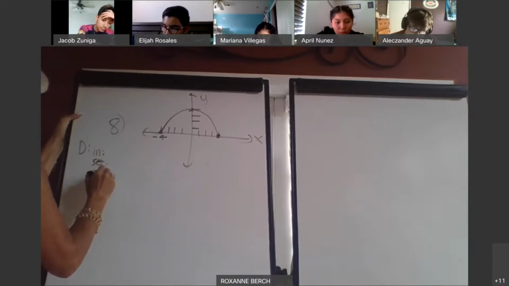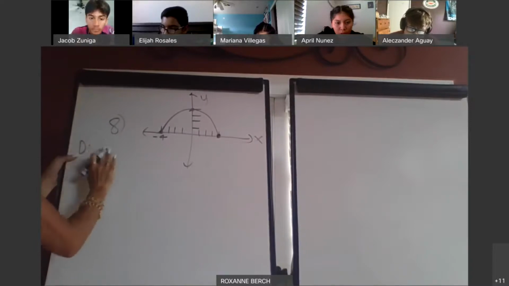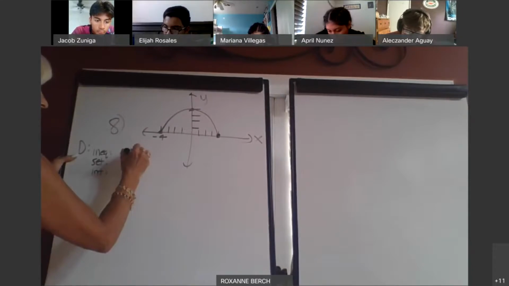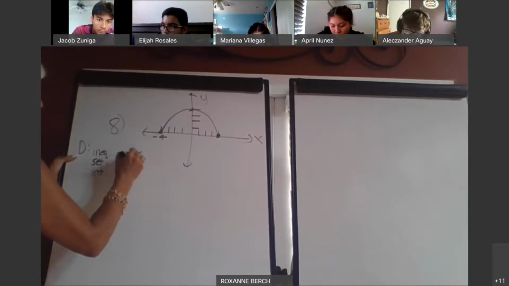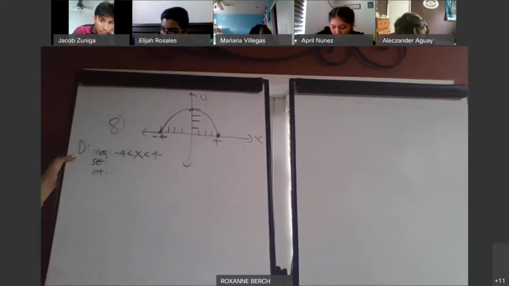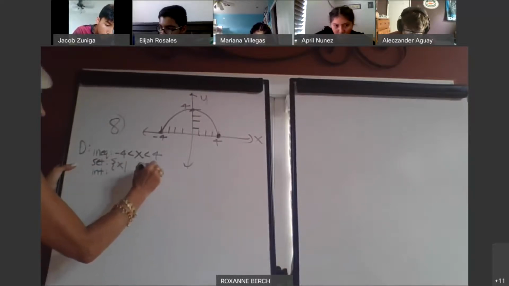-4 to 4. Yep. So for inequality notation, you're writing what? You're writing x is greater than -4 and x is less than 4. For set notation, it's x such that x is less than 4.